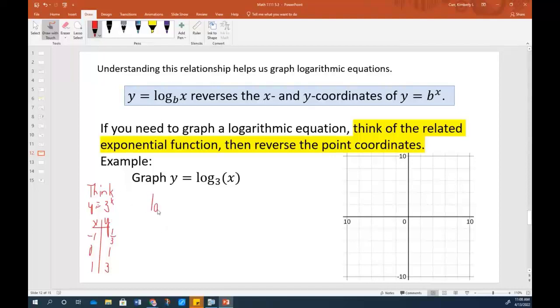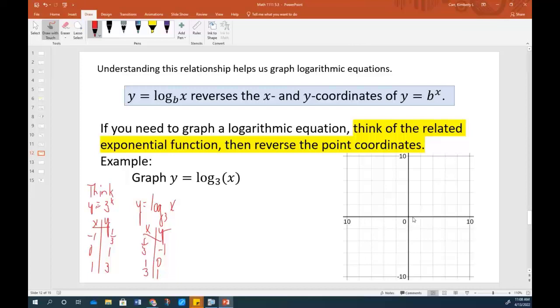Then, if I want to do log base 3 of x, what I know is that these are inverses, and inverses trade the x and y values. So I would have 1/3, -1; 1, 0; and 3, 1. And then I can graph these.